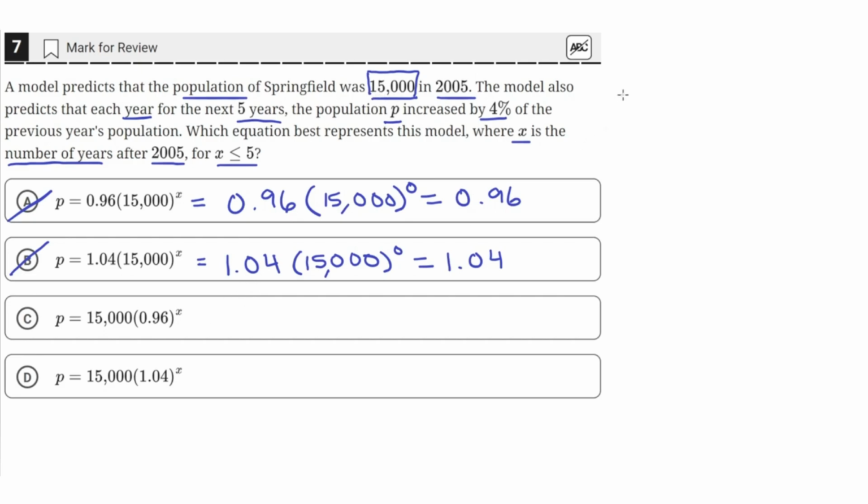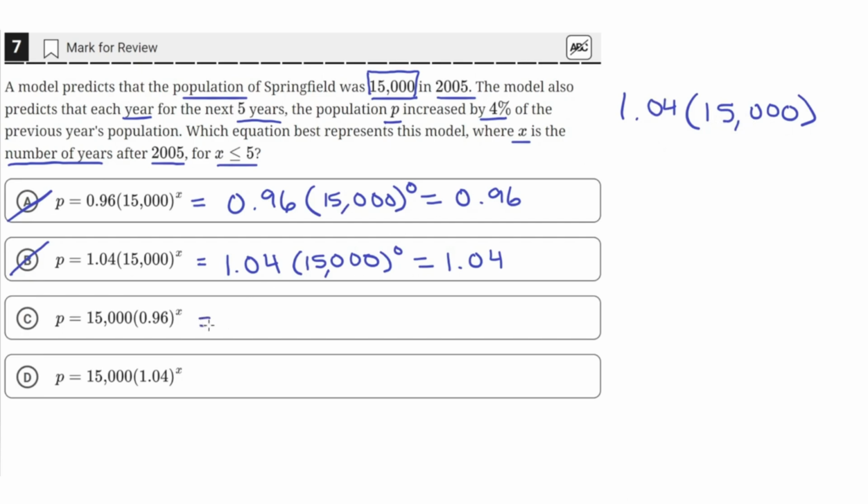Really we should see something like 1.04 times 15,000 be the population after the first year, because multiplying by 1 ensures that 15,000 remains, and then this 0.04 increases the 15,000 by 4%.